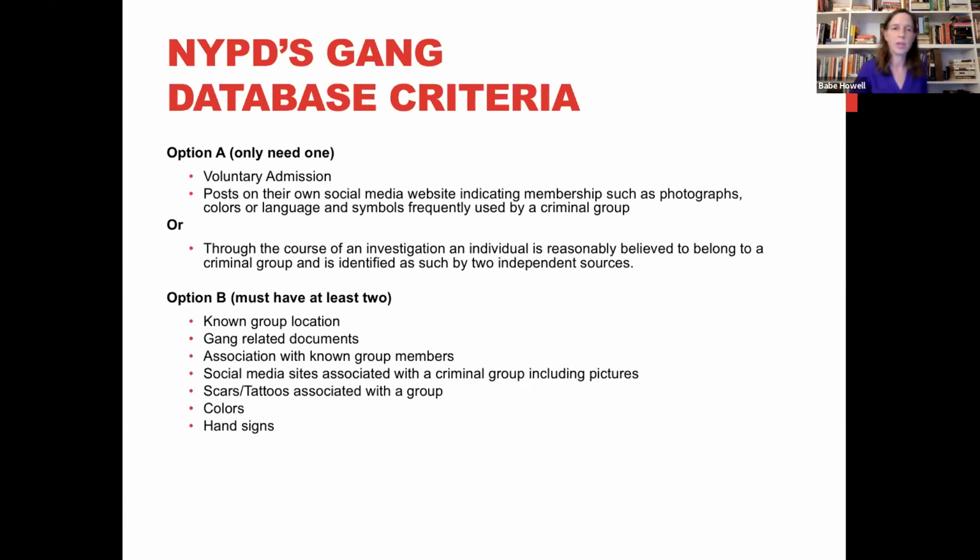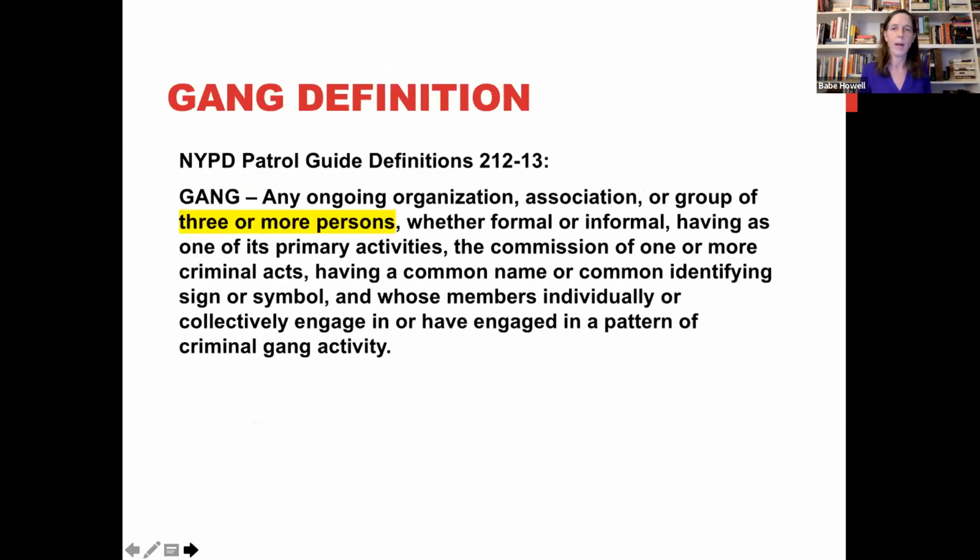I'm going to move through a little more of what the NYPD is doing. The next question might be, maybe there's a limiting factor, like if the gang has to be an official gang, maybe that limits who they can put in.